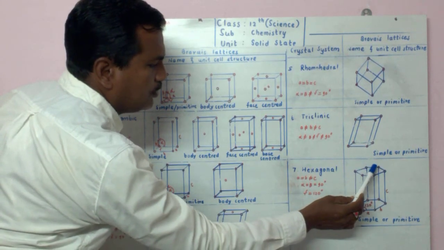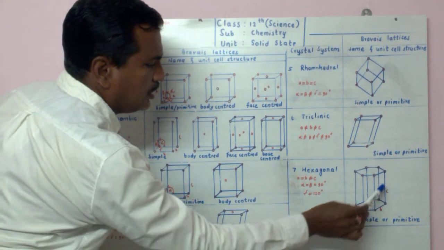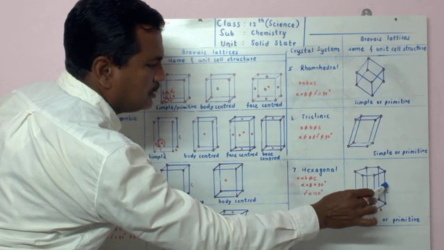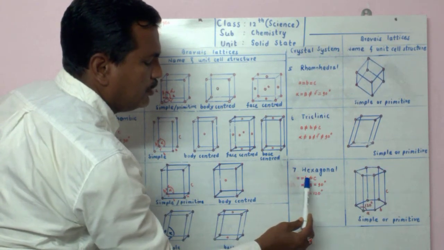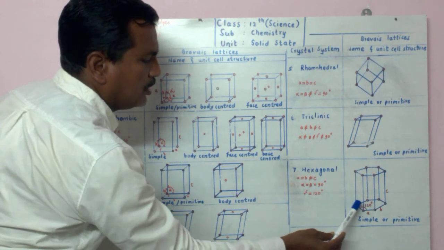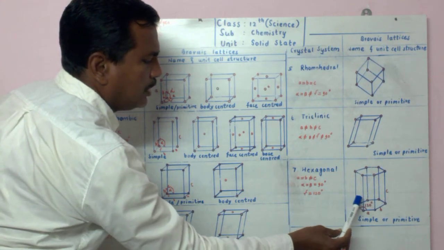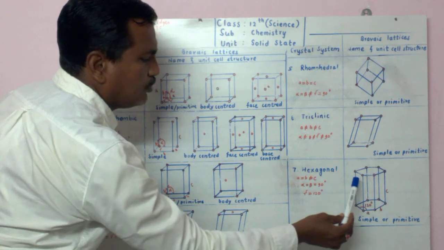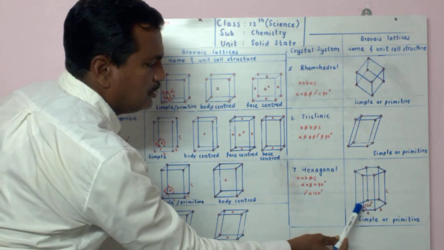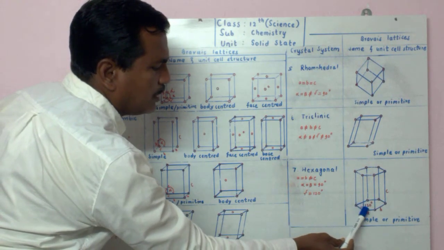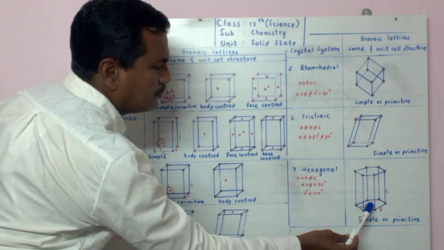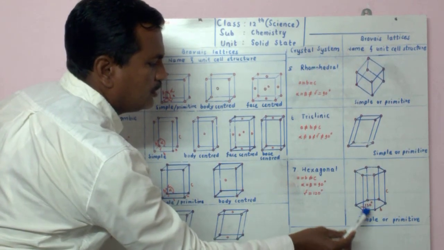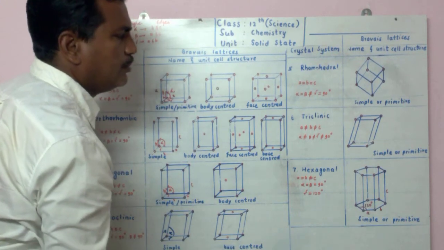So a equal to b, and the height, that is c, is not equal to a and b. And here the angles alpha and beta are 90 degrees, but gamma is 120 degrees. It is of only one type, that is simple or primitive.